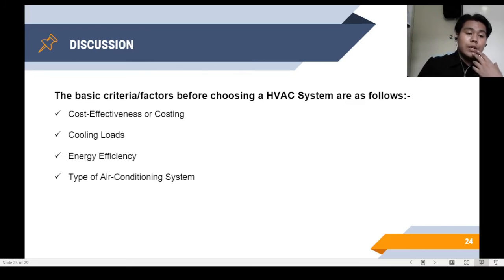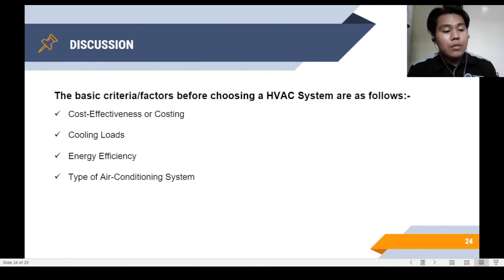Other than that, the cooling load is the rate at which sensible and latent heat must be removed from the space to maintain a constant space dry bulb temperature and humidity. Factors that influence sensible cooling load include glass windows or doors, direct sunlight striking windows and the exterior walls, and also the partition between the rooms.